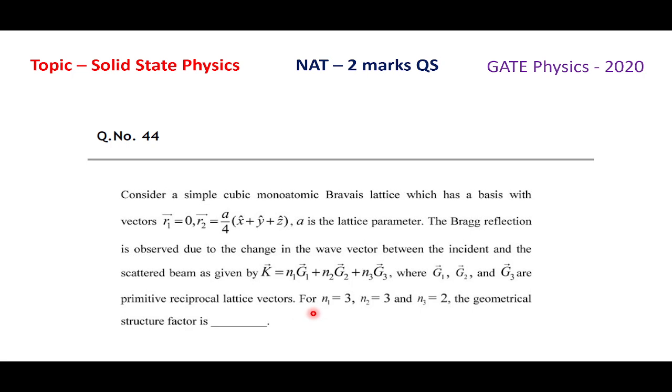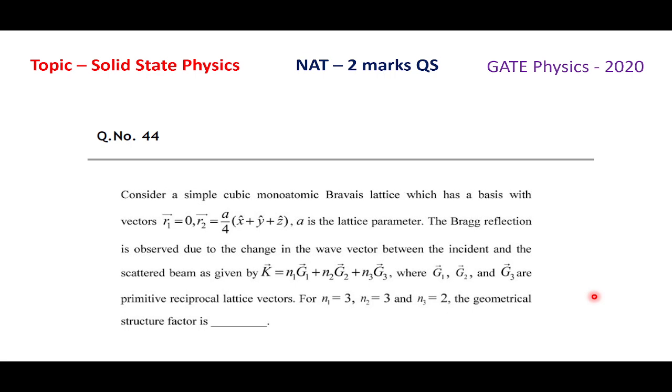For n1 equals 3, n2 equals 3 and n3 equals 2, the geometrical structure factor is dash. So you have to find the geometrical structure factor for these n1, n2 and n3 values.